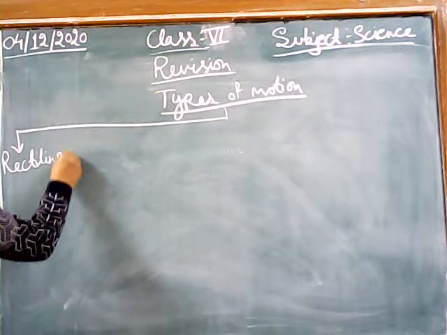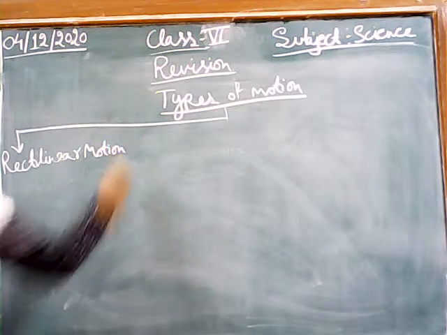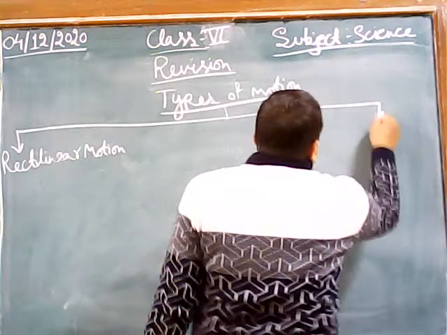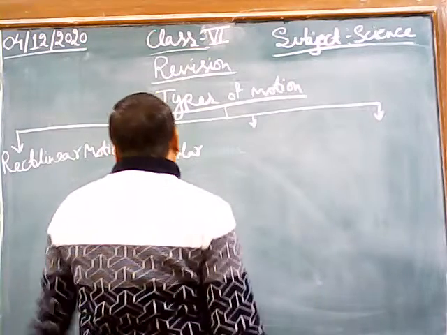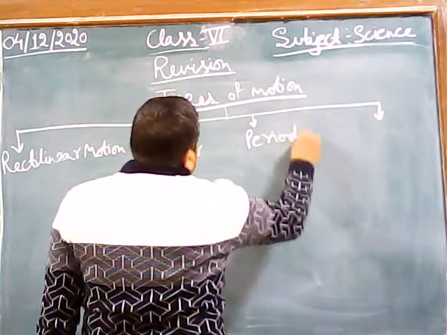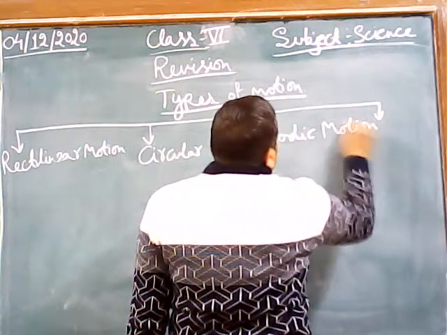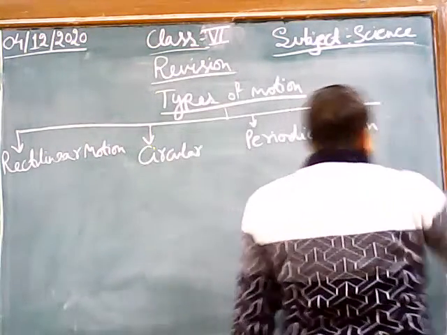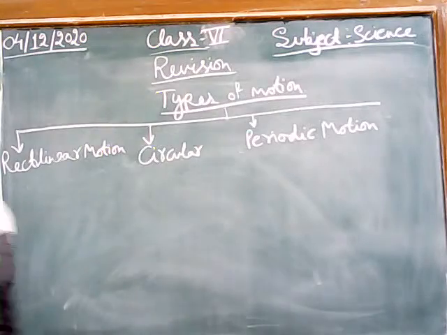Second is circular motion, then periodic motion. These are the three main types of motion that we have studied in this chapter.